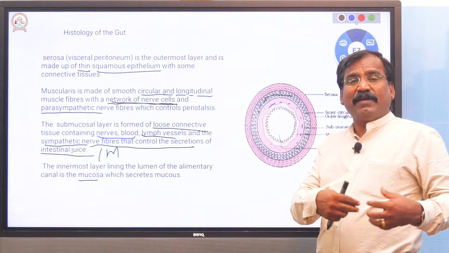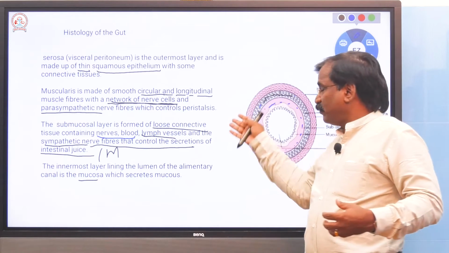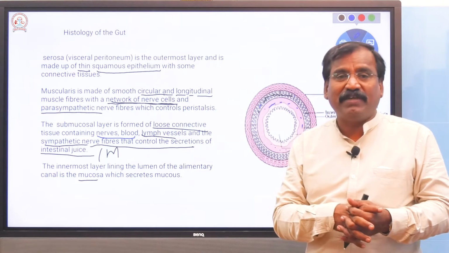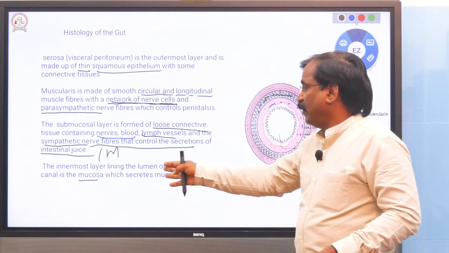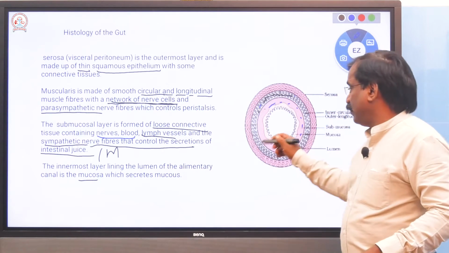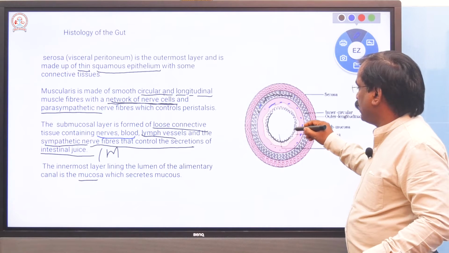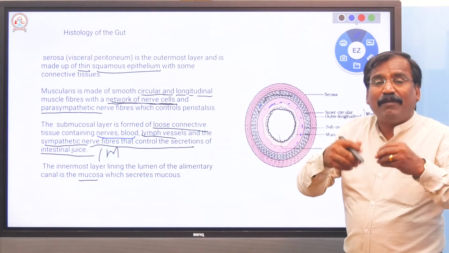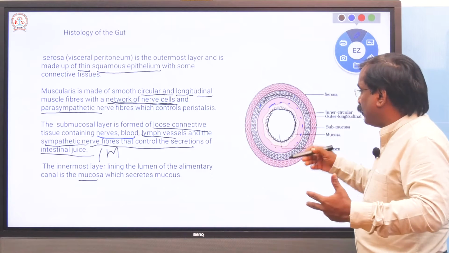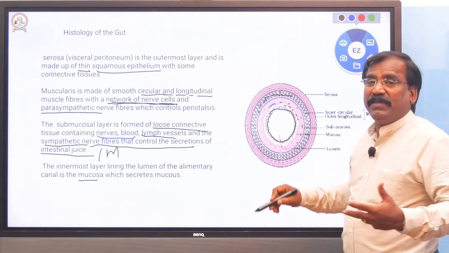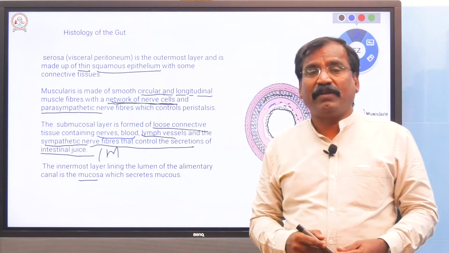How is that muscle, the intestine, protected from the action of the enzymes? Because of this arrangement, the mucus secretion forms a protective layer that protects the tissues of the intestine from the action of the enzymes.